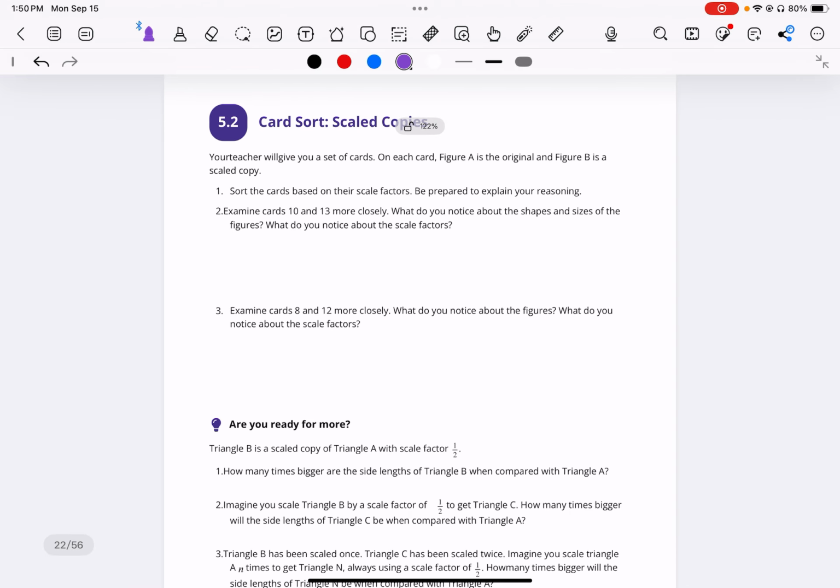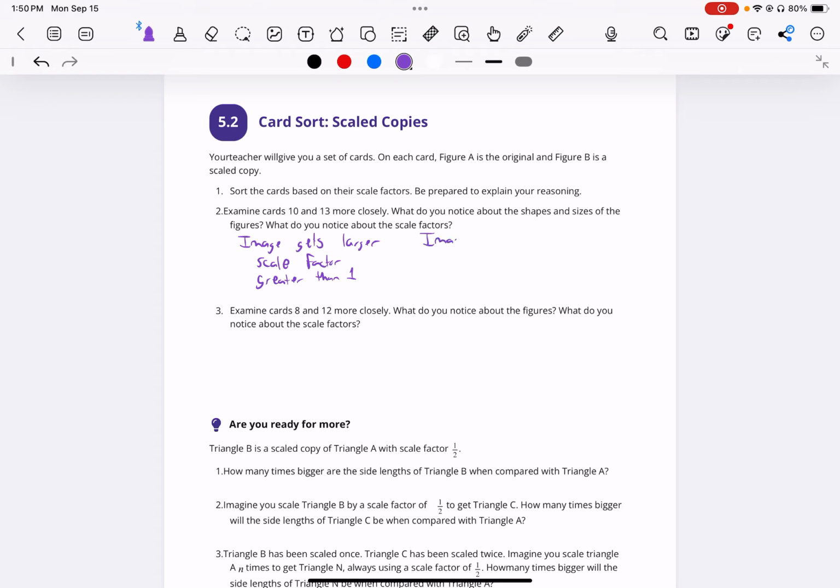We completed the scale copies in class, but just to recap a few things you have to remember. If your image gets larger, then we know that our scale factor has to be greater than 1.